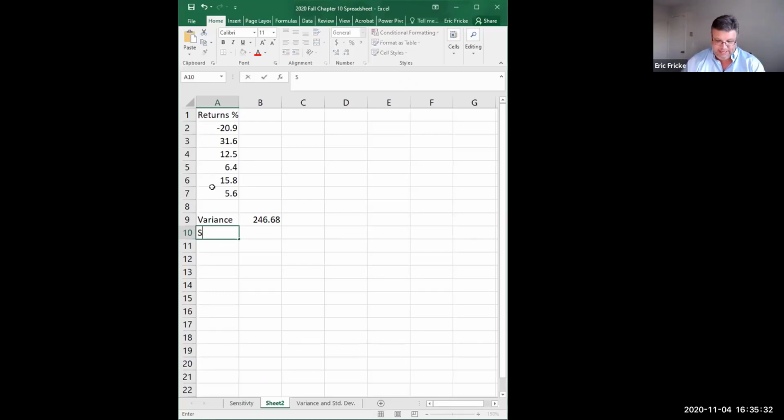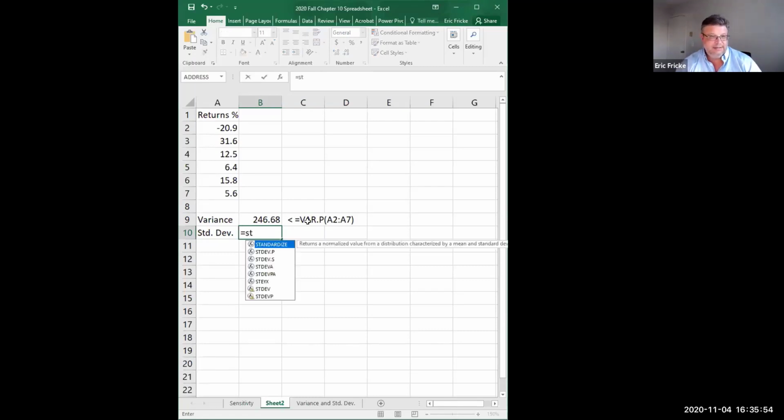And then we have standard deviation. And standard deviation also has a formula, and it's going to be the same deal as the last one where we're going to choose the population formula.